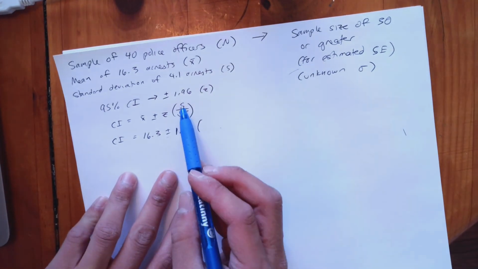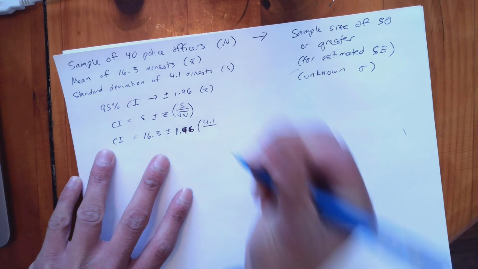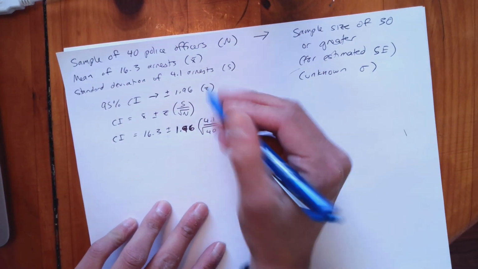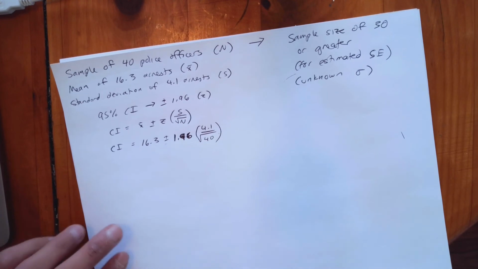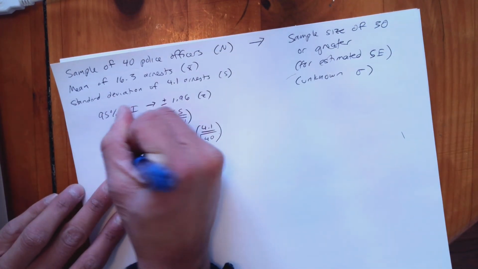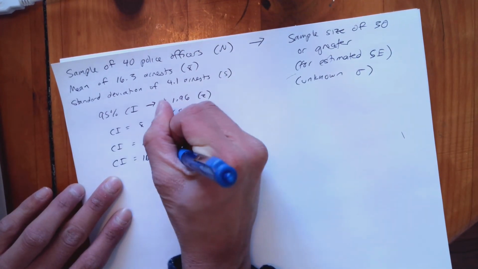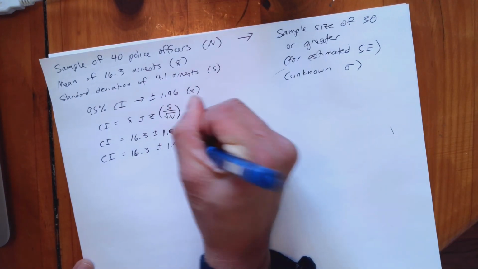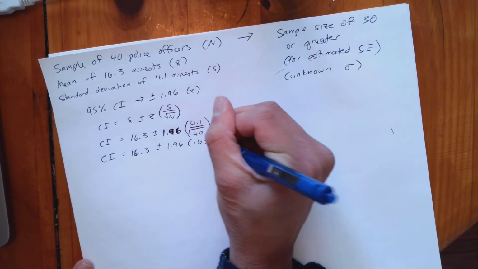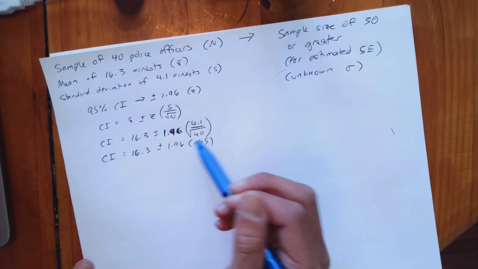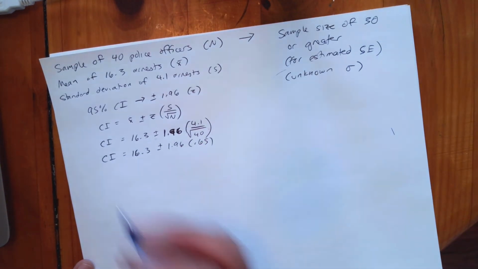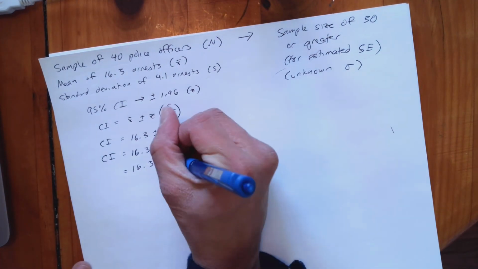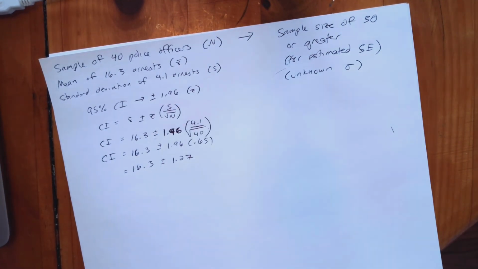Our sample standard deviation is 4.1, and our sample size is 40. So we're going to take the square root of 40. Now we can do this math. So we got 16.3 plus or minus 1.96 times 0.65. That's what you get if you take the square root of 40 and then divide it into 4.1. And then this comes out to 16.3 plus or minus 1.27.